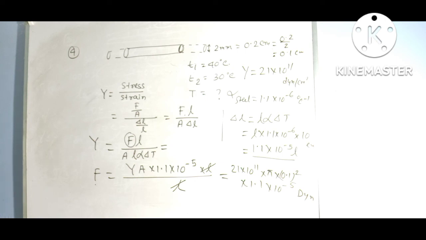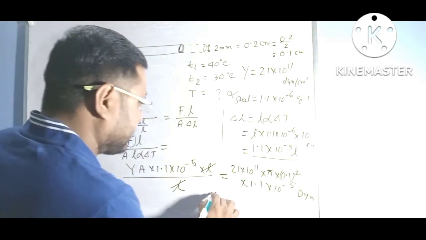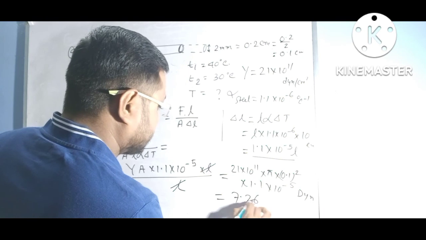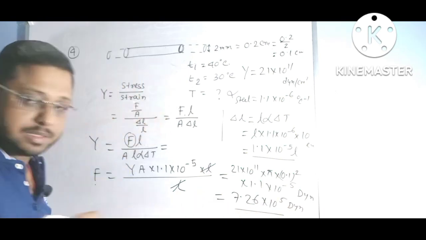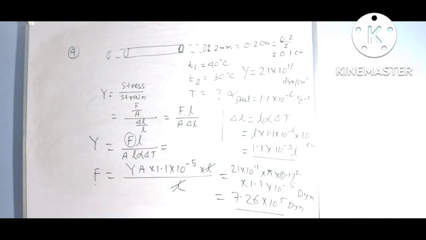If we put this value, we can get 7.26 into 10 to the power 5 dyne.